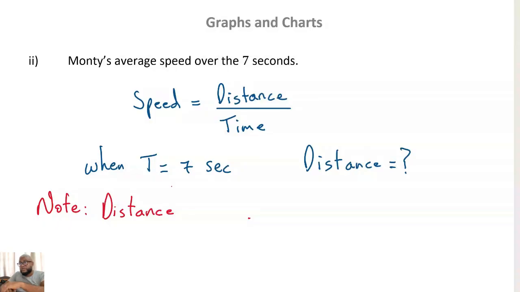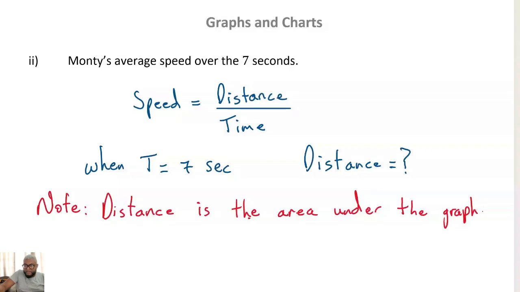I have a next note on that above. What's the note I have on distance? Right, so distance is the area under the graph, because it's the distance traveled. So I'm scrolling back up.